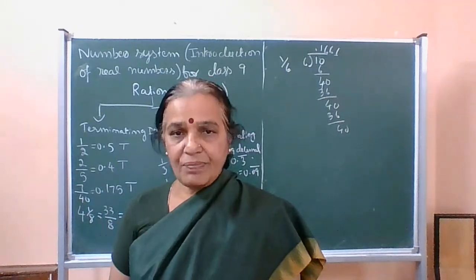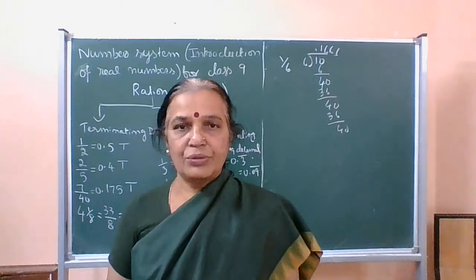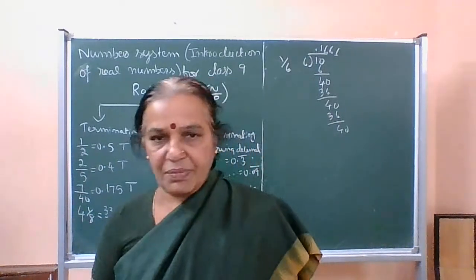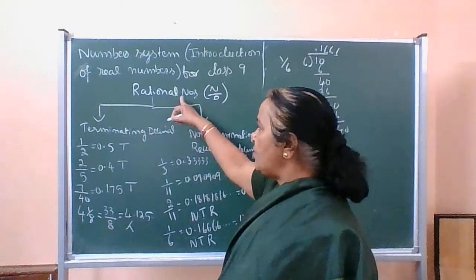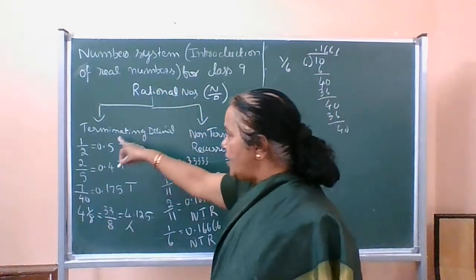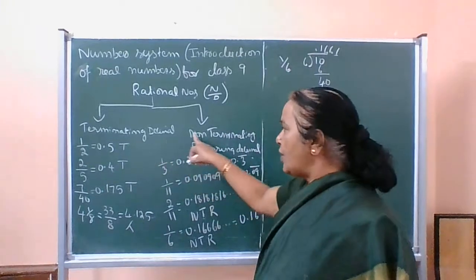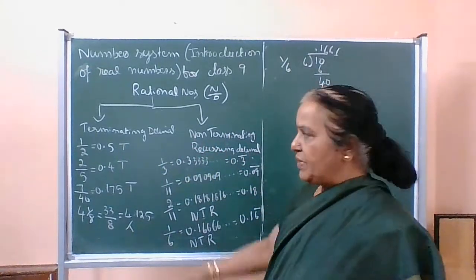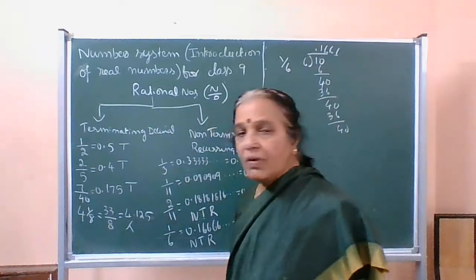When you do the process of division, a rational number is either a terminating or non-terminating recurring decimal. That means in all these examples, what happened?